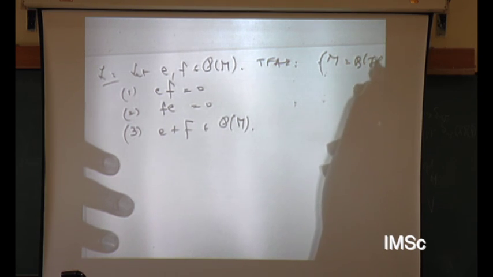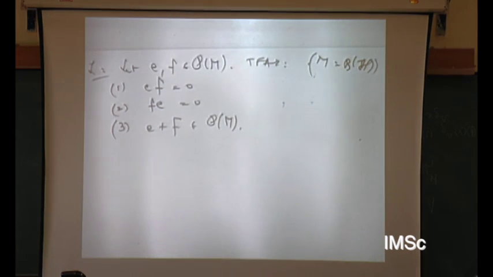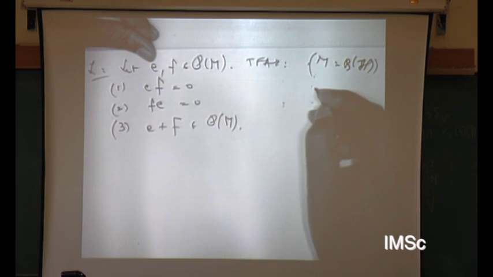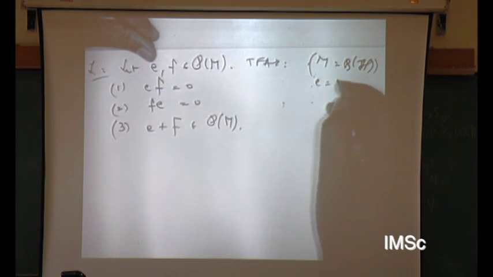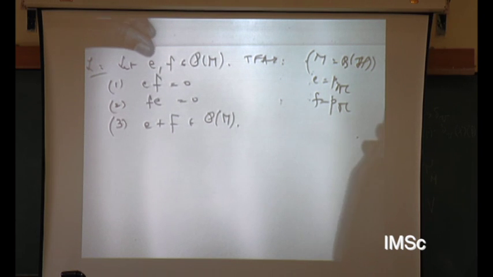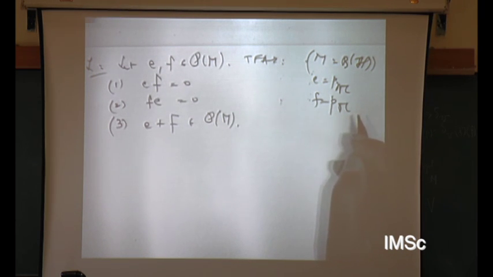Let us think of M equals B of H actually. We proved it already in B of H and it's certainly true for any subalgebra also. So in B of H, suppose E equals P sub M and F equals P sub N. What does EF equal to 0 mean? It means that E must kill everything in the range of F. What is the range of F?